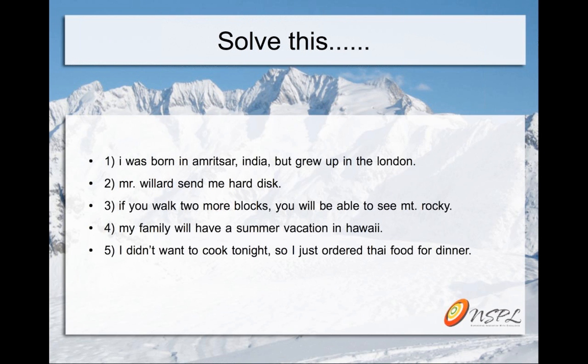So this is the quiz that you have to solve, and we will go one by one. I'll ask you how to correct the first sentence. I was born in Amritsar, India, but grew up in London. I capital, I capital, A capital for Amritsar, India capital, London's L capital.